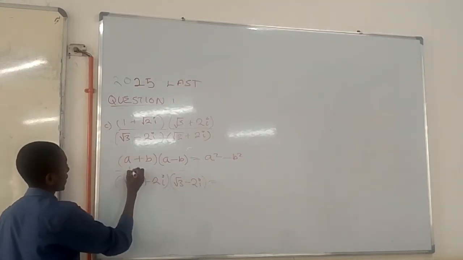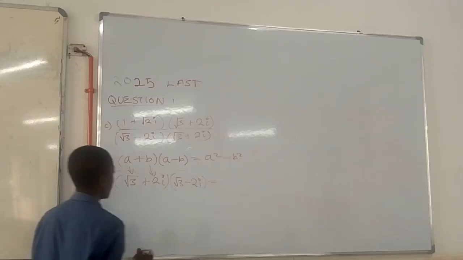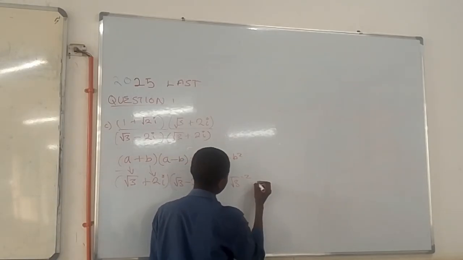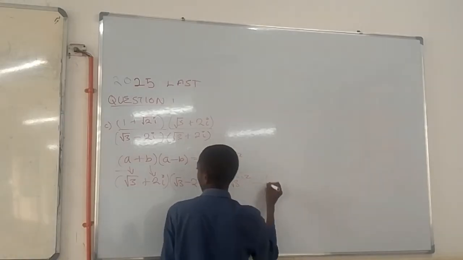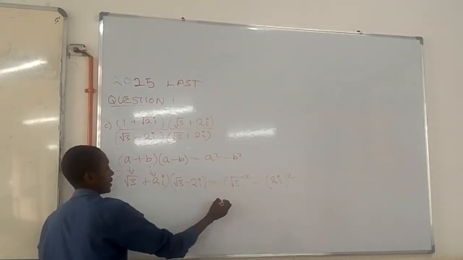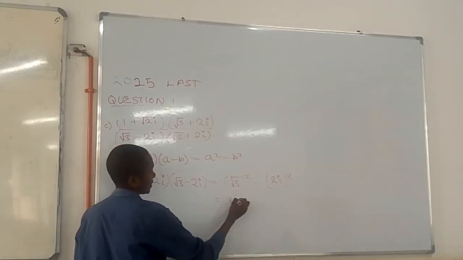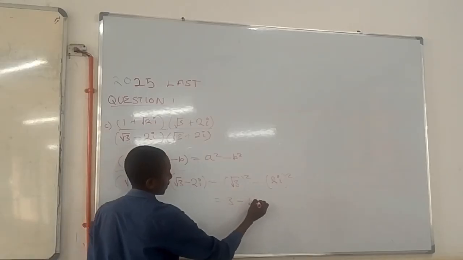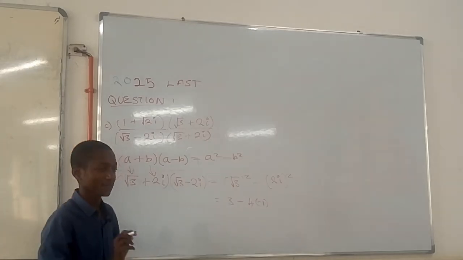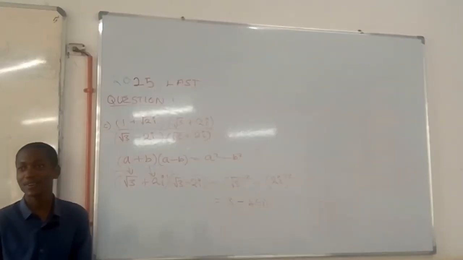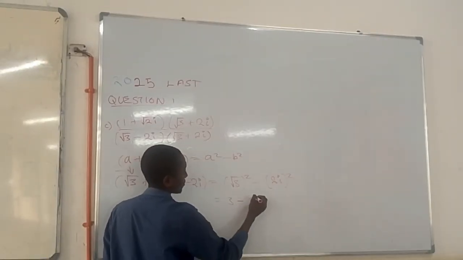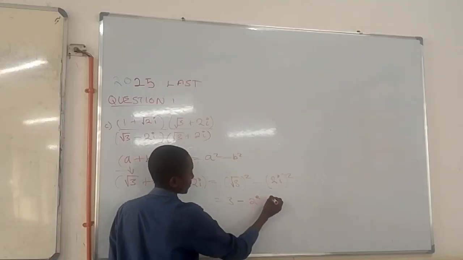So I know that this would be my A and this would be my B. So what I'll simply have then will be root 3 squared minus (2i) squared. This will give me 3 minus 2 to the power 2 times i squared.